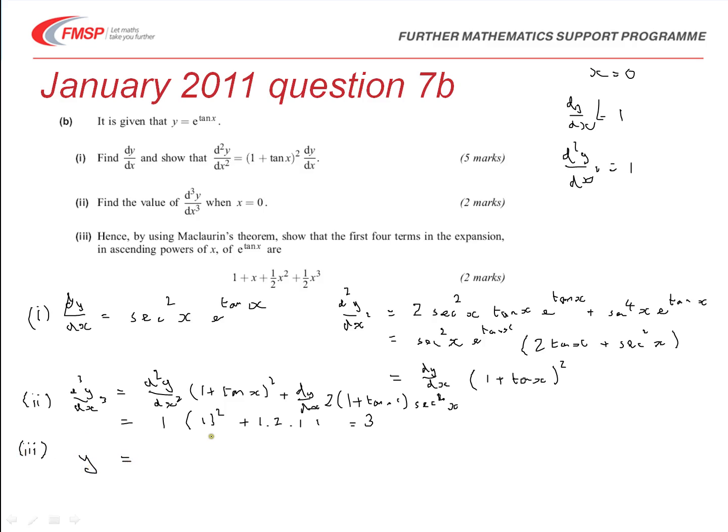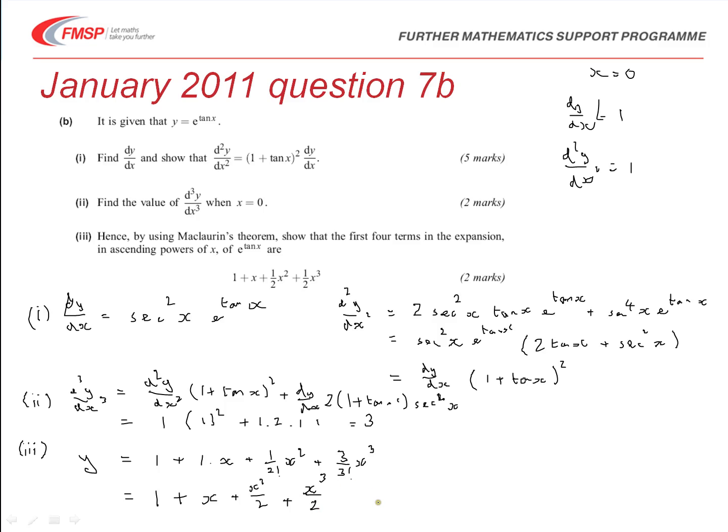So it's the function evaluated at 0, so tan of 0 is 0, e to the 0 is 1, plus the first differential evaluated at 0 times x, plus the second differential evaluated at 0 over 2 factorial times x squared, and then it's the third differential evaluated at 0 over 3 factorial times x cubed, which gives us our result of 1 plus x plus x squared over 2 plus x cubed over 2. That's the 3 over 6 from the 3 factorial there.